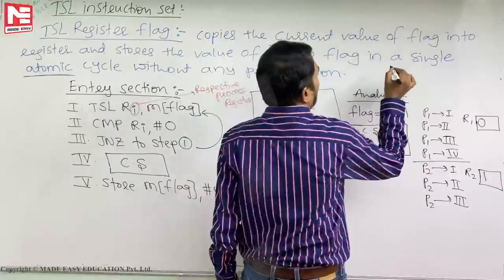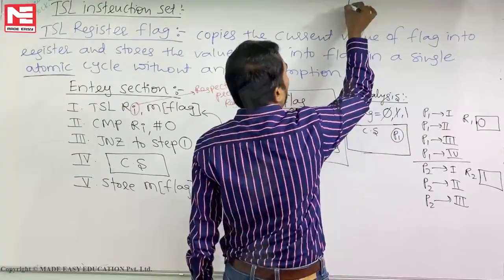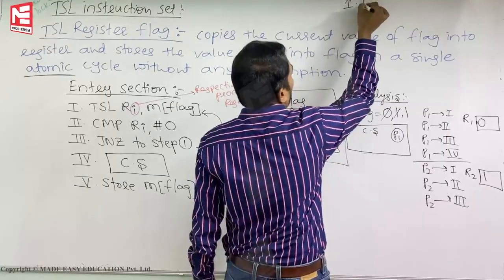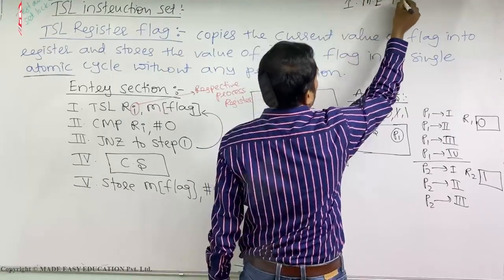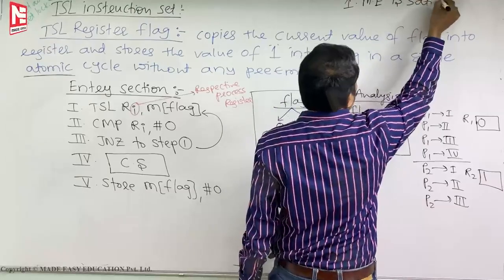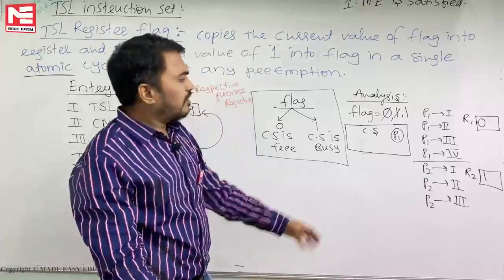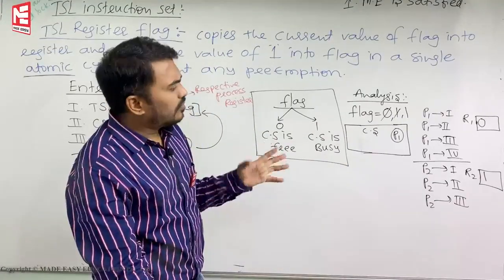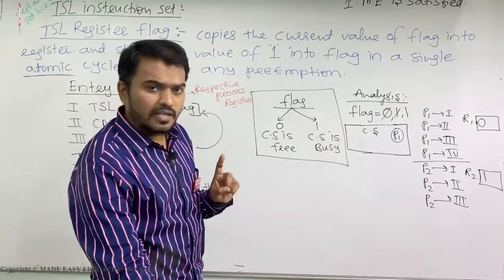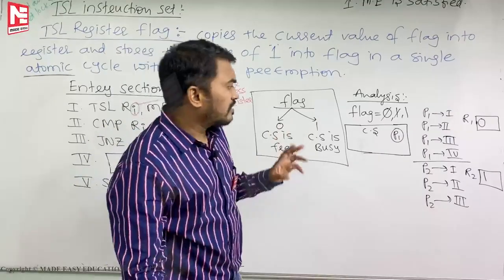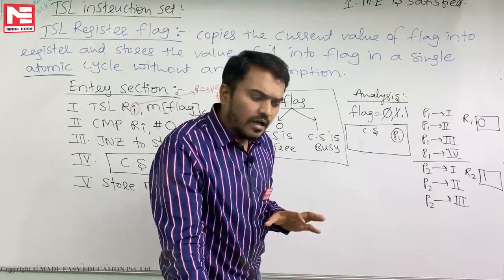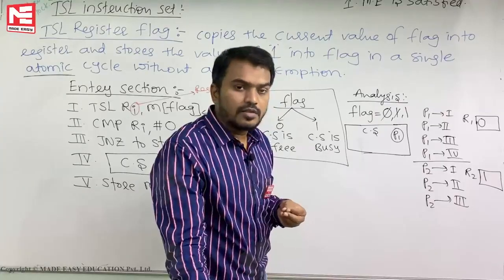So the first condition I am writing here: mutual exclusion is satisfied. No need to follow only this procedure. With preemption or no preemption, however you try, only one process will go inside, so mutual exclusion is satisfied.